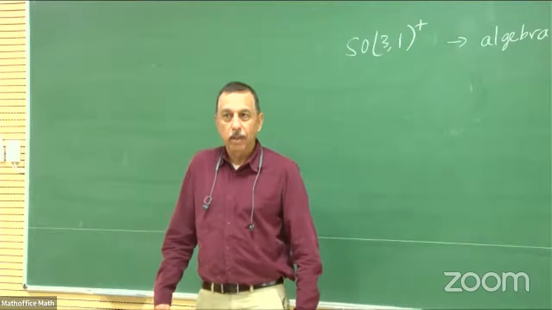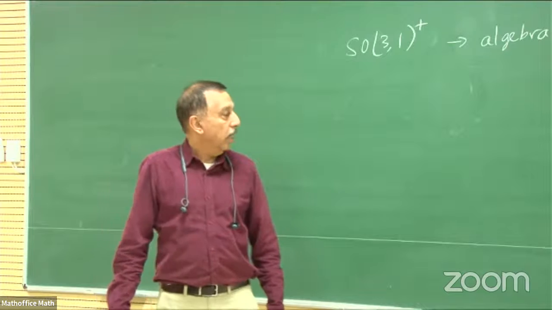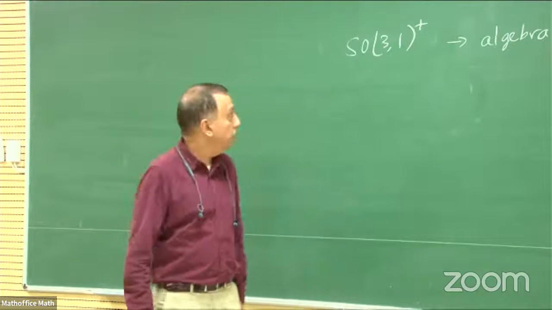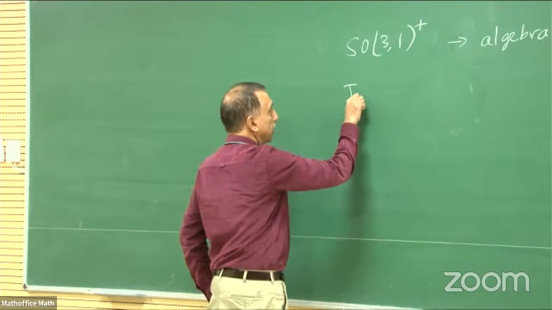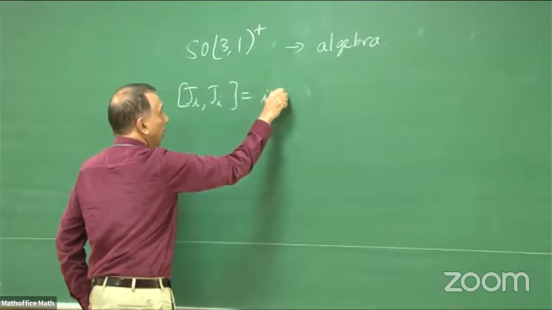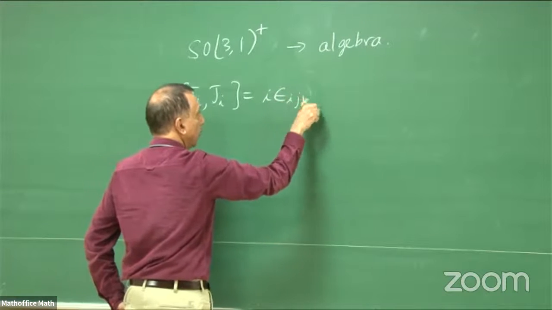Because we are infinitesimally close to the identity, the thing becomes linear and we get a linear algebra. The algebra relations I wrote last time, but I'll write them again, look like this.